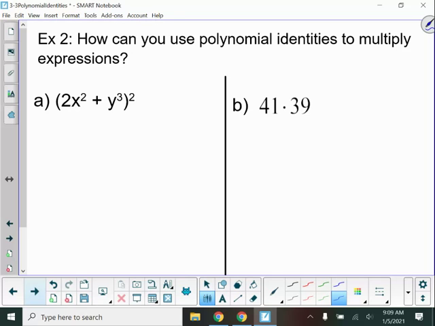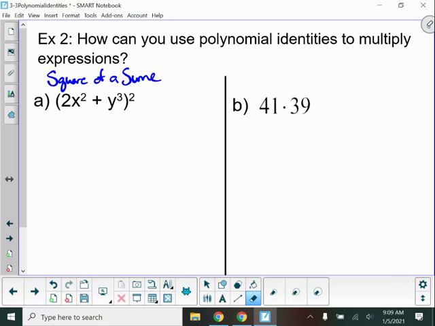Part A, we have two terms that are being added together, and they are being squared. So this is the square of a sum. Oh, there's no E on the end of sum. So we want to recognize what our A term is. Our A term is what comes first, which is 2x squared.